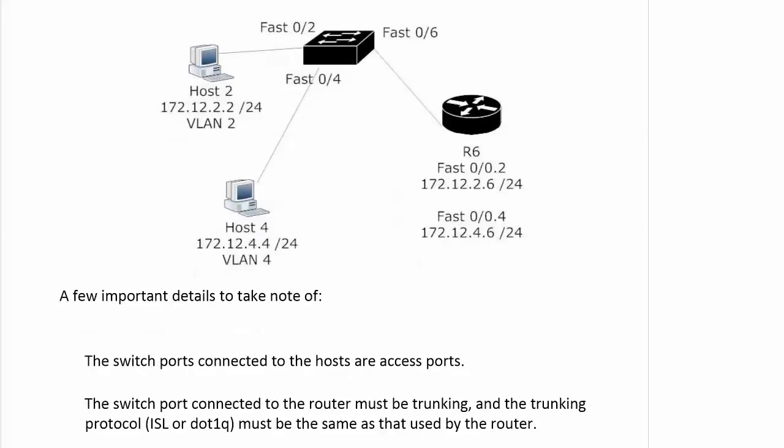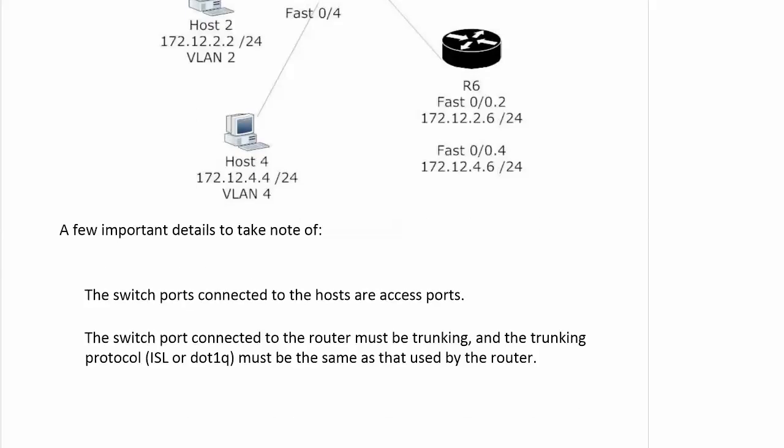The switch ports connected to the hosts are access ports. Access ports belong to one VLAN and one VLAN only. Now, the switch port connected to the router has to be trunking. We'd expect that because traffic has got to go back and forth there. And the trunking protocol, ISL or 802.1Q, must be the same as that used by the router. We would expect that as well.